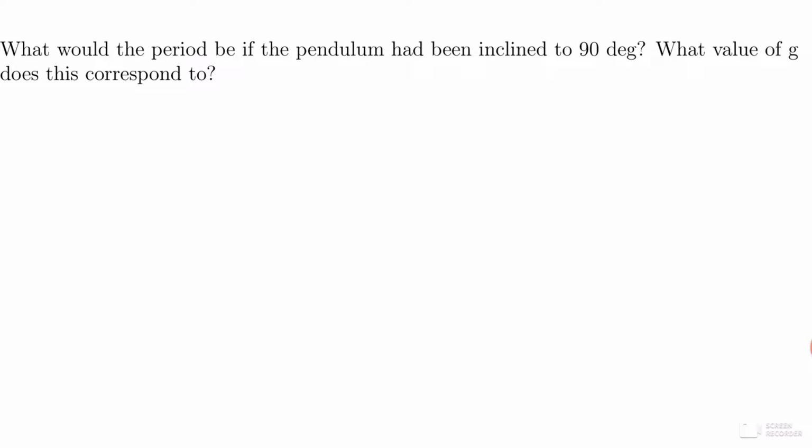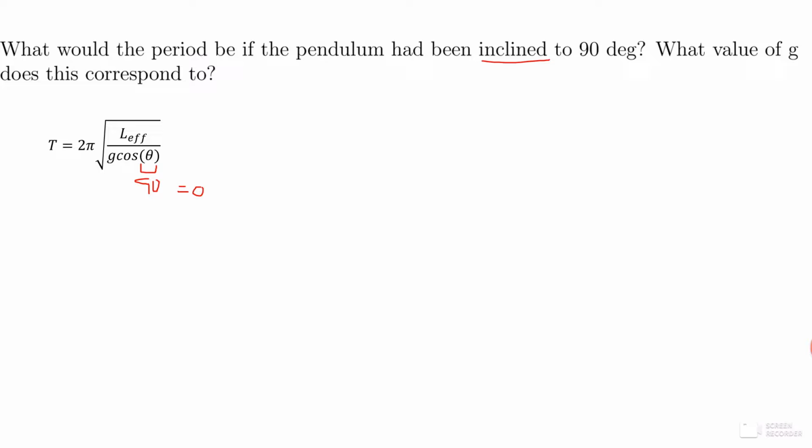Now, for another question, what will the period be if the pendulum had been inclined to 90 degrees? This inclination is, remember, the one to the screen. What value of g does this correspond to? Well, it's easy to see this by using the formula. Here we simply need to replace theta with 90 degrees. Now, cosine of 90 degrees is 0.